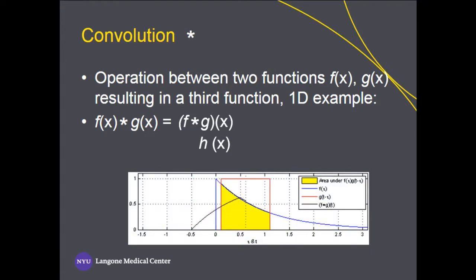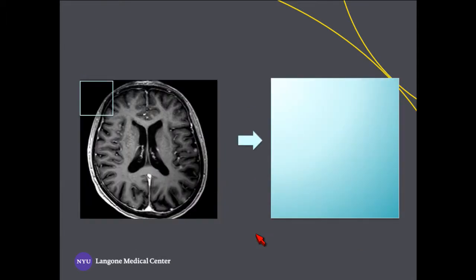And essentially, this is just from Wikipedia, but if you pass this red function, the square wave, over this other function, you get out a different function, which is the convolution of the two. Okay, great. So what does that mean in an image? It's essentially like passing a filter across an image, and you get out this latent representation of the image. Or sometimes people call this a feature map.